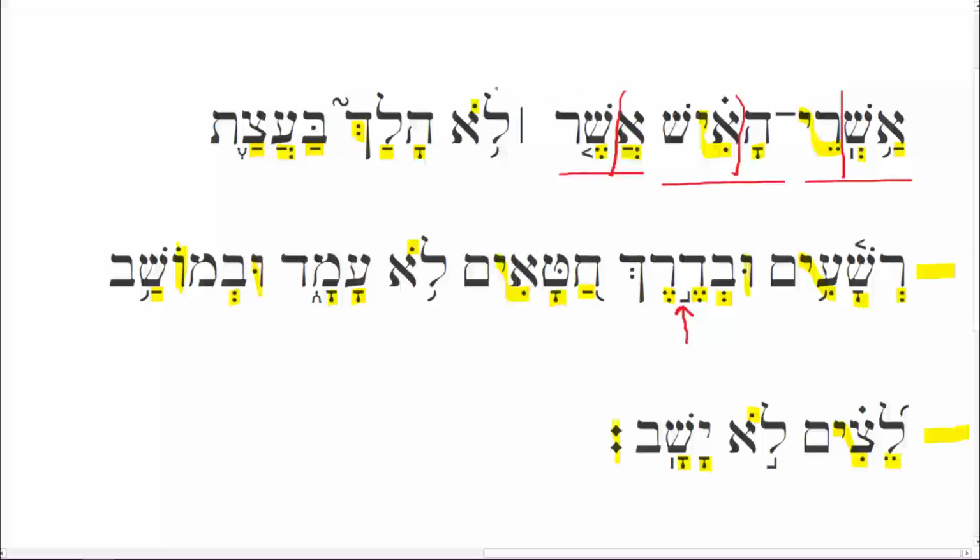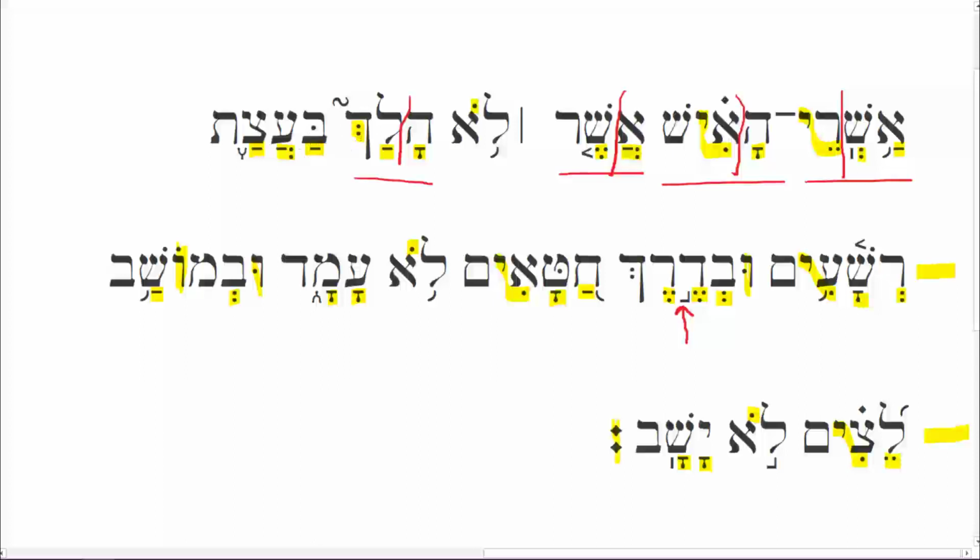Here we have lo, it's a one-syllable word. We do not need to divide a one-syllable word. Here we have halach, so we have the he and the kamets. The next letter is a lamed, and it has its own vowel, so we divide before it, halach.